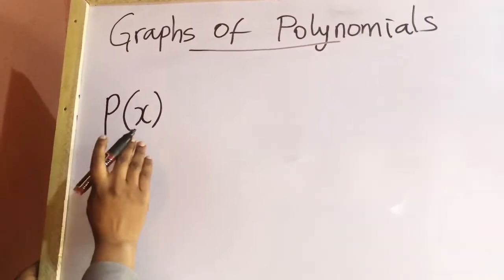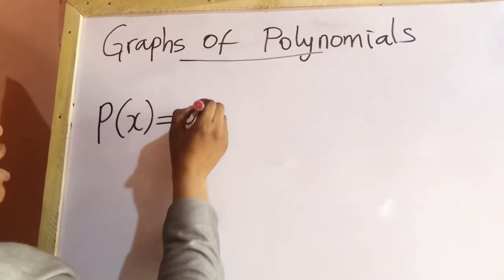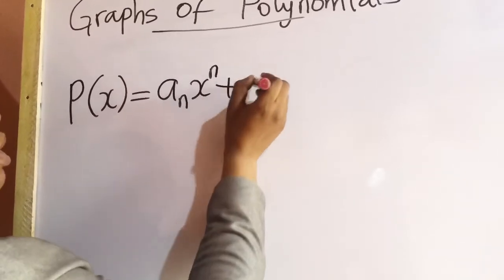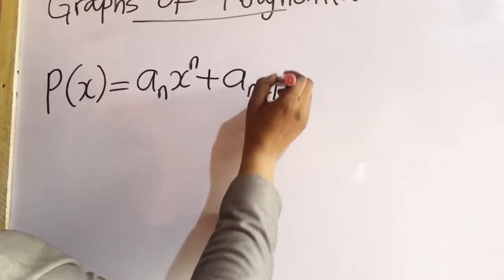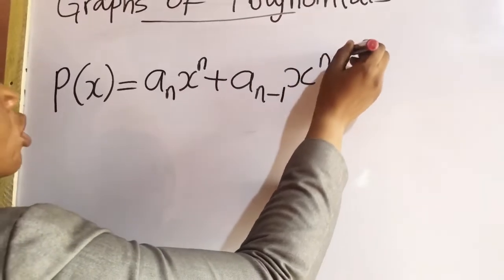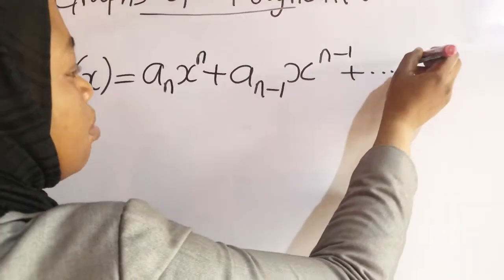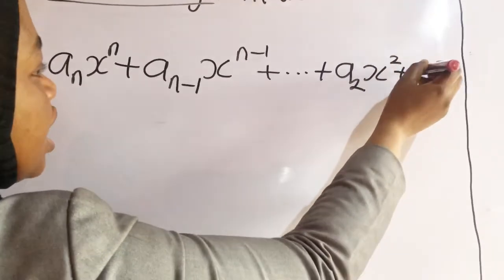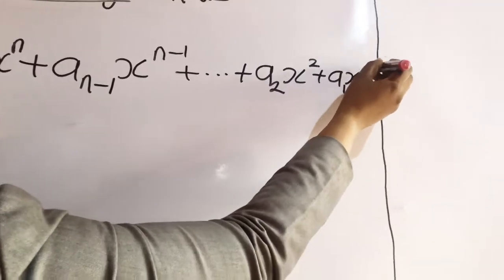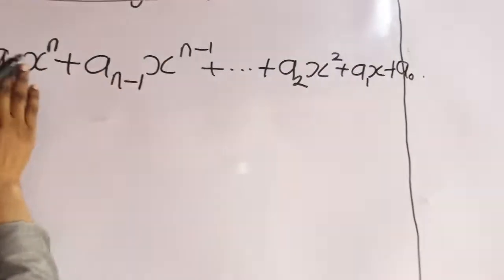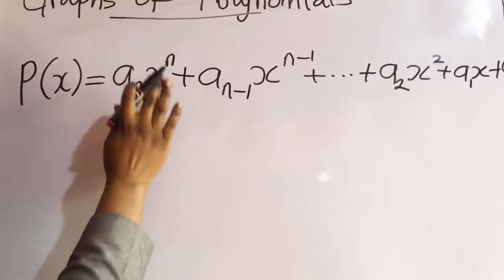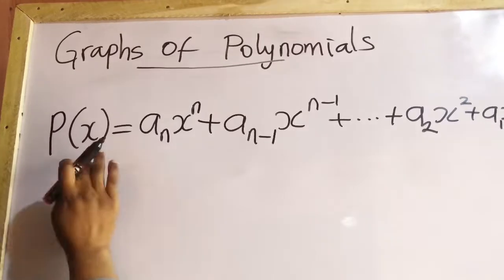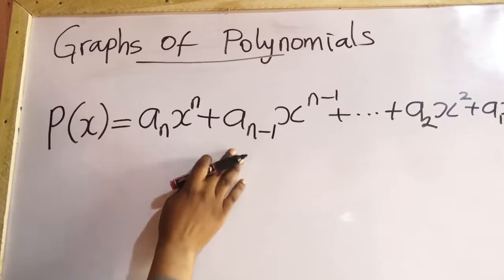So if you have polynomial p equal to a subscript n x raised to the power n plus a subscript n minus 1 x raised to the power n minus 1 plus dot dot dot plus a subscript 2 x raised to the power 2 plus a subscript 1 x plus a subscript 0, we can see that the highest power of the value x is n. So the name of this polynomial would be the polynomial of degree n.